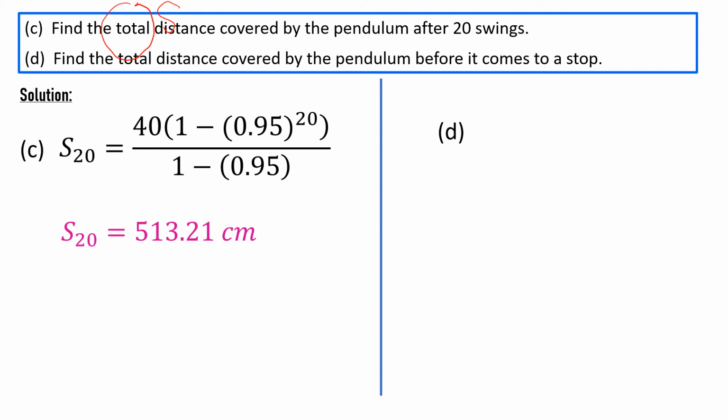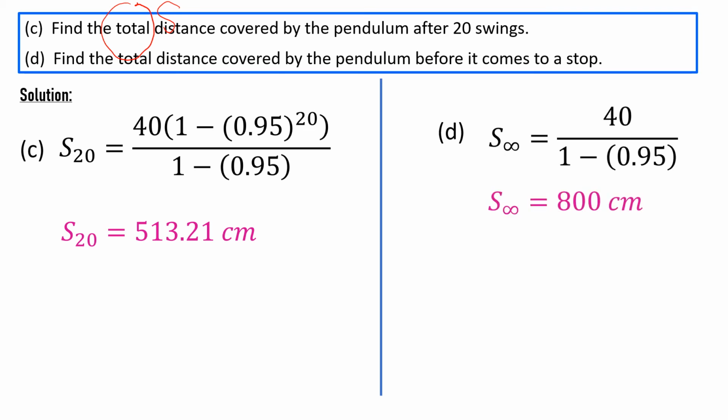For part D, find the total distance covered by the pendulum before it comes to a stop. We don't know at which swing the pendulum will stop. So, it shows that we need to find S infinity. So, S infinity is equal to 800.